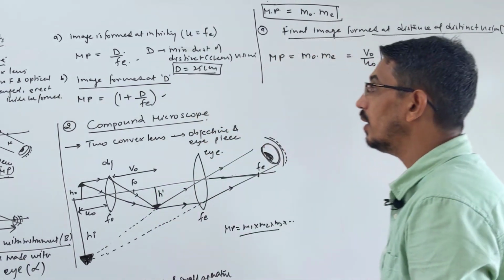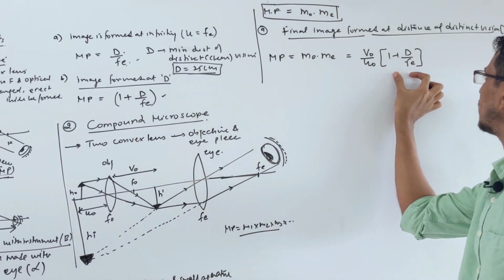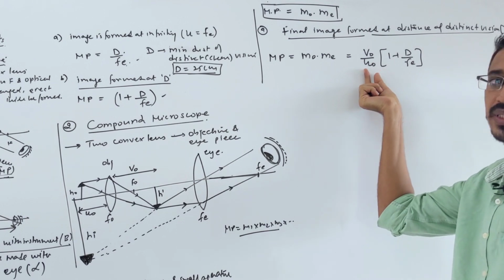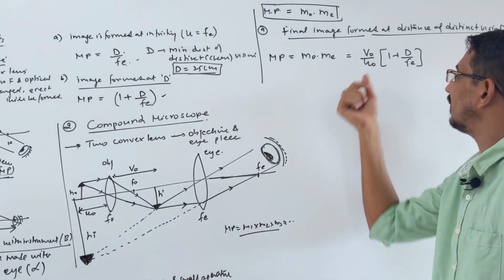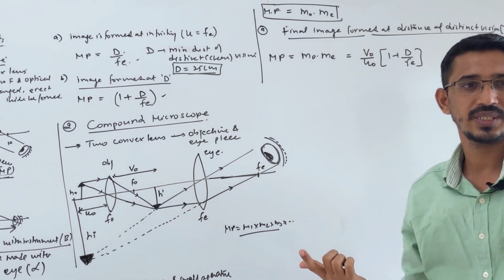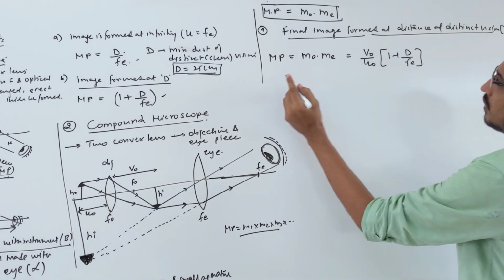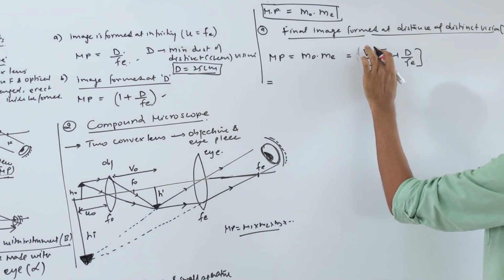You can write this in many formats, because this part will always remain the same, but the other part you can write in many formats, like in terms of image distance and object distance. Generally we don't know the image distance; we always know the focal length and the object distance. Look here, this is simply magnification, so this is in terms of V0.